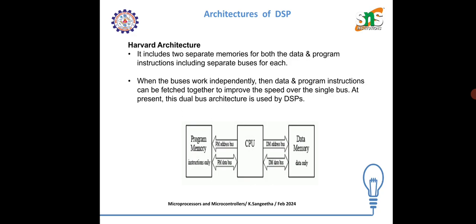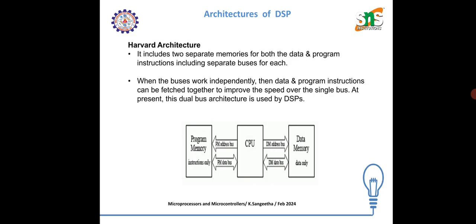It contrasts with the von Neumann architecture, where program instruction and data share the same memory space. So there are separate memory spaces for storing instruction and data. This means that instruction and data are accessed using different buses, allowing for simultaneous access to the instruction and data so that the speed will be increased.